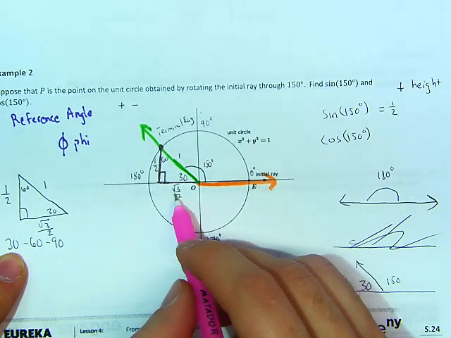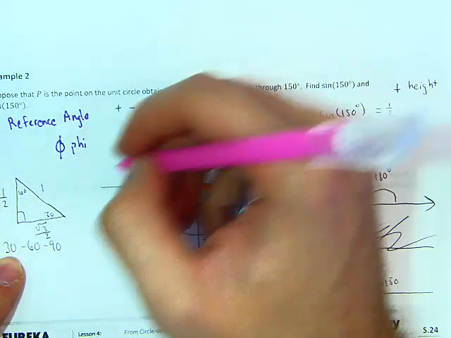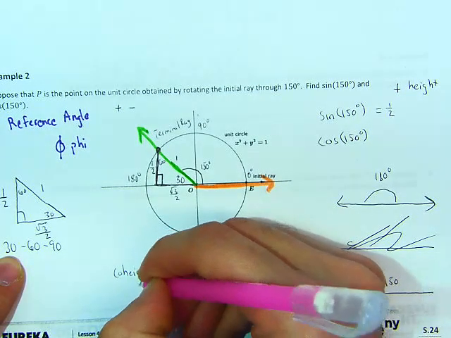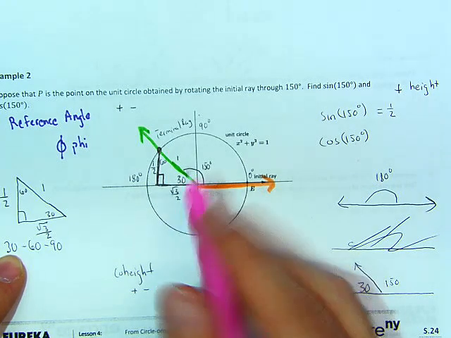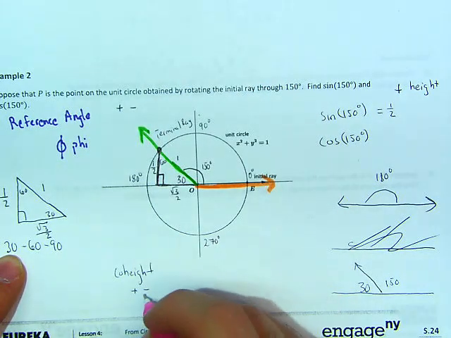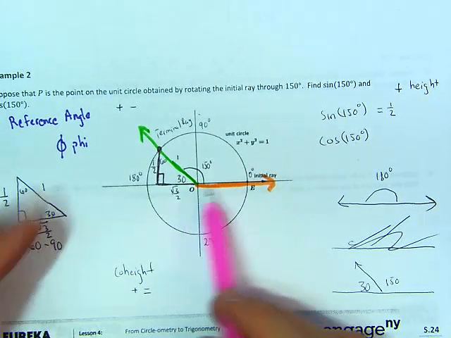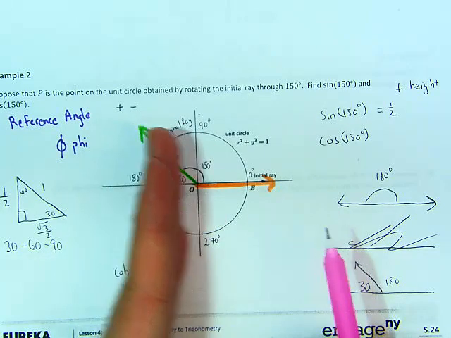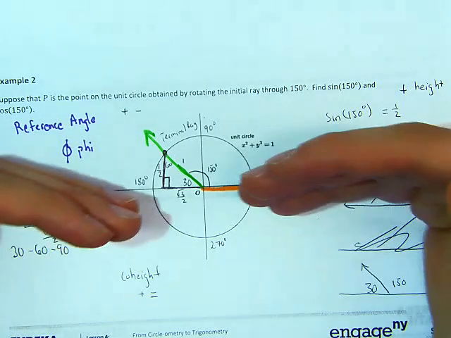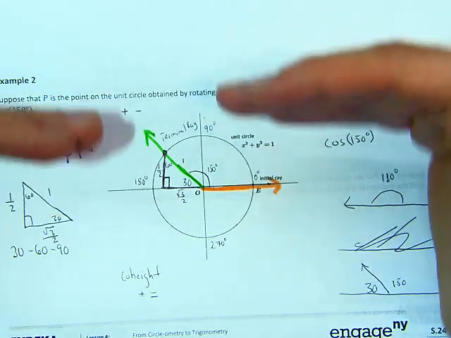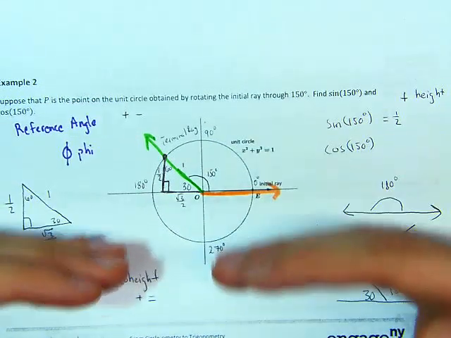But the thing we need to see is the co-height. Is this positive or negative? This will be negative, because co-height on the left side is negative and on the right side is positive. Height positive is up, height negative is down.